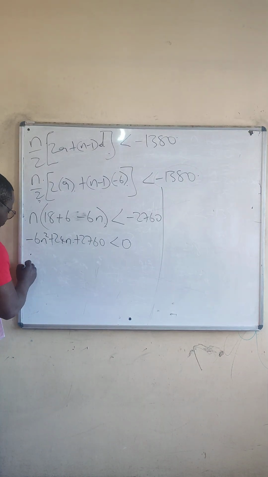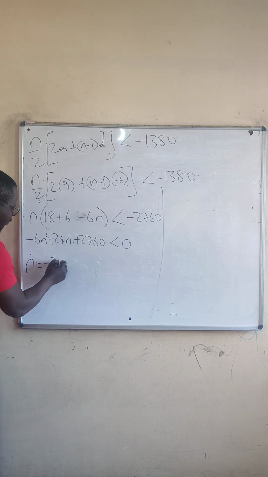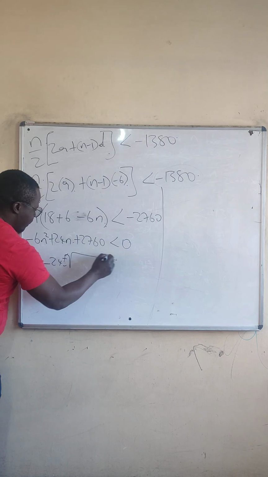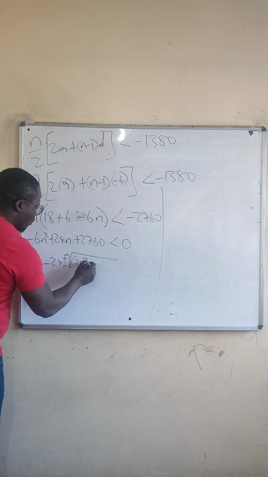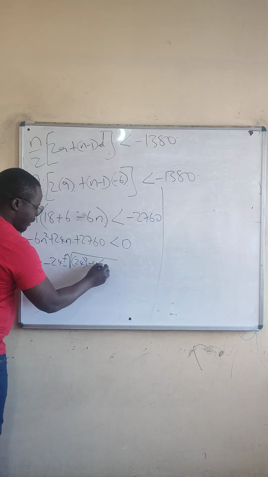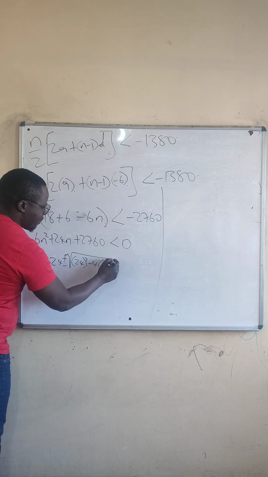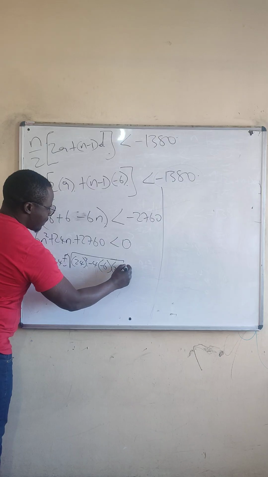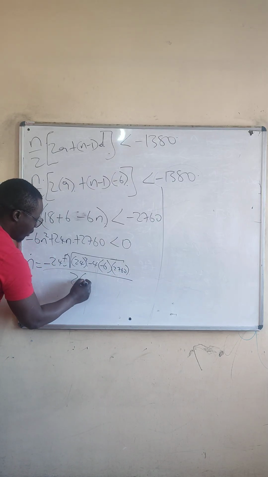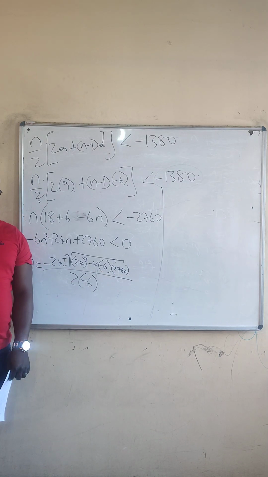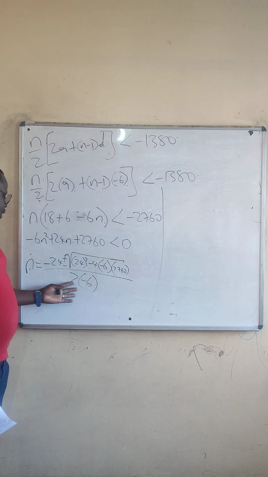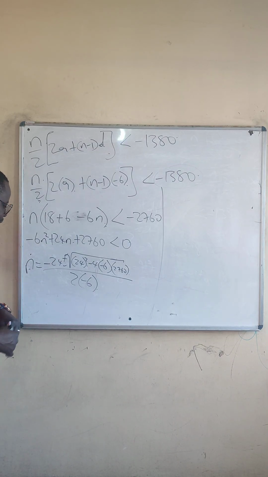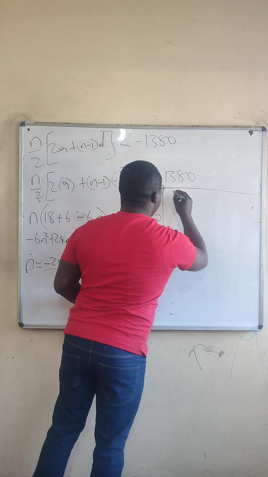So n is going to be negative b, which is 24, plus or minus the square root of 24 squared minus 4 times our a, -6, times our c, 2760, divided by 2a, 2 times -6. When we substitute into this formula, we are going to get two values of n.